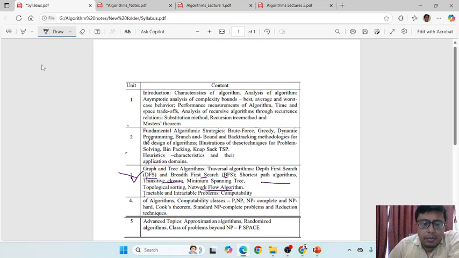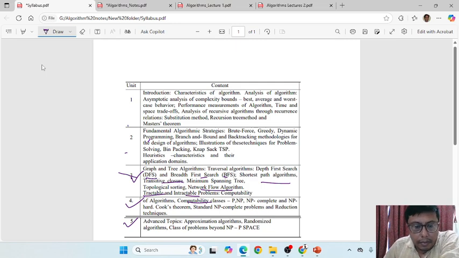Along with that, in section 4 and section 5, we will be approaching the advanced topics of the algorithms, which are very important. We will see which algorithms are tractable and intractable for the problems, and then computability classes, which involve P, NP, NP hard, NP complete, all those things.